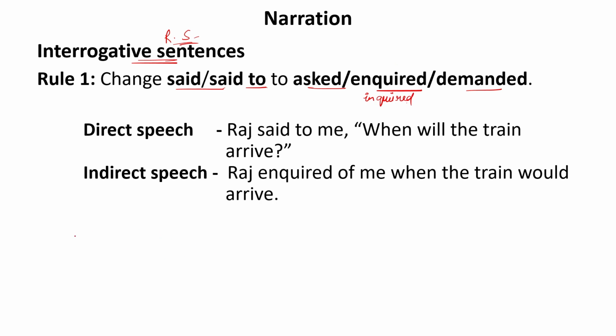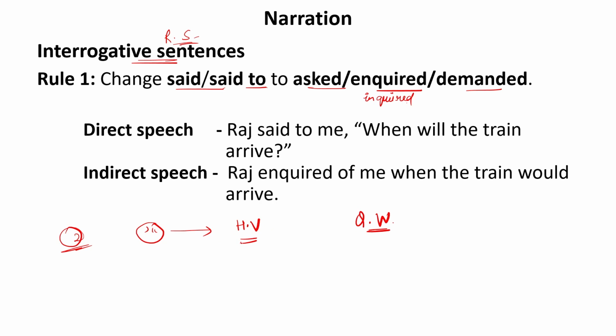Also, the second requirement of such type of sentences is that the comma and inverted commas will be replaced according to the beginning of the sentence. For example, if the interrogative sentence begins with a helping verb or if it begins with a question word, the comma and inverted commas are replaced accordingly.